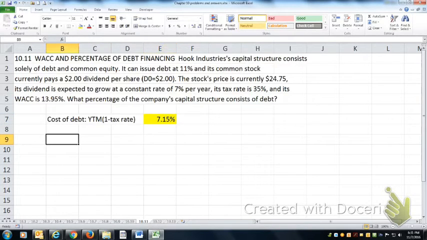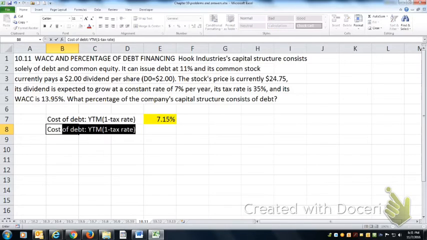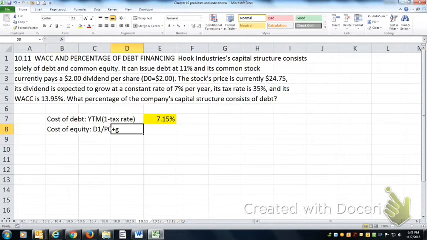Okay, and then we got the cost of equity, and we can use D1 over P0 plus G here to solve for the cost of equity capital.